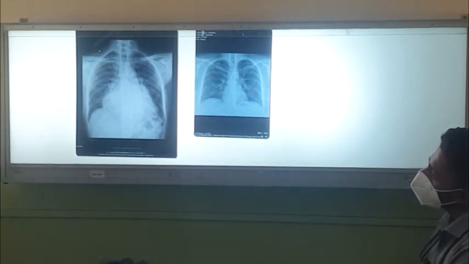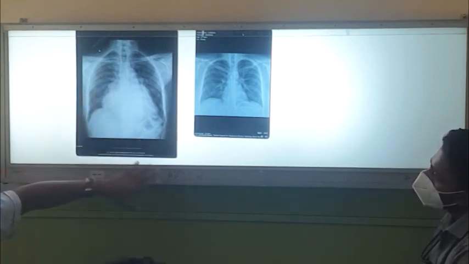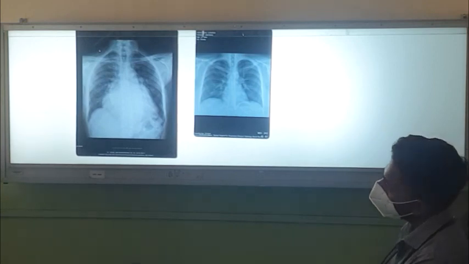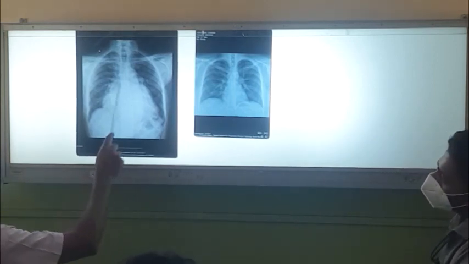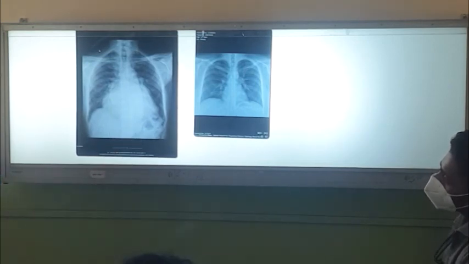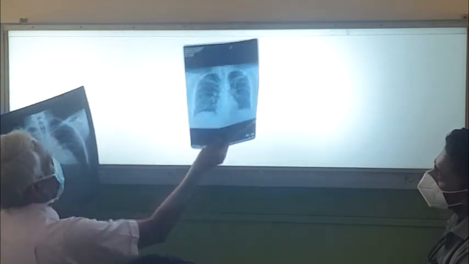And then ASD, you can see the changes of ASD. In mitral stenosis, this is the typical pattern you see, right? Cardiomegaly, dilated left atrium, double atrial shadow, and dilated left atrial appendage. So learn about cardiac patterns later.